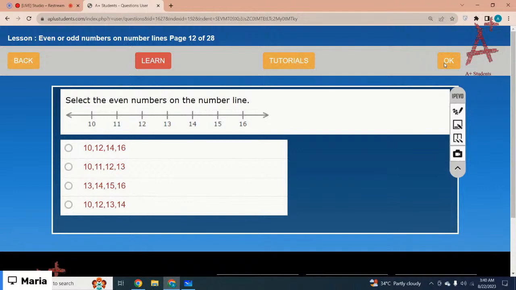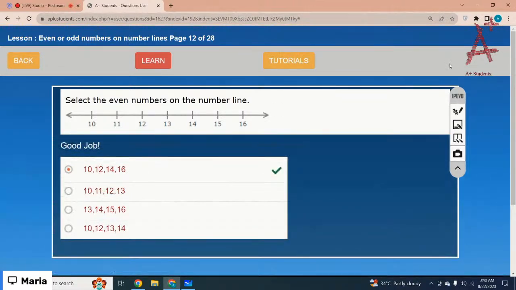The correct option is 10, 12, 14, and 16. Option number 1 is the correct option.